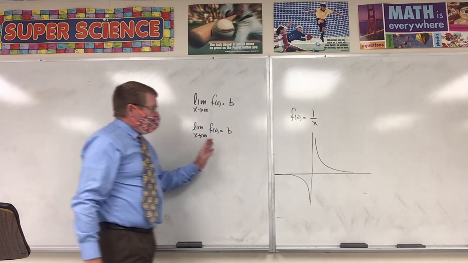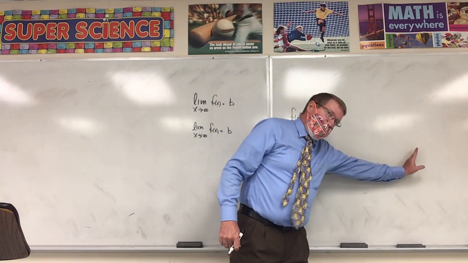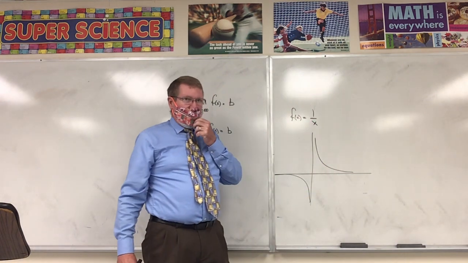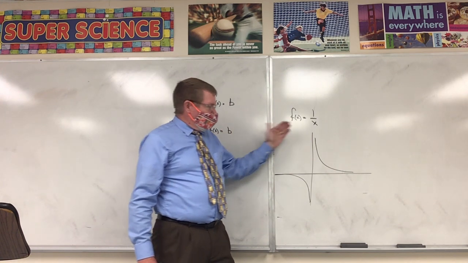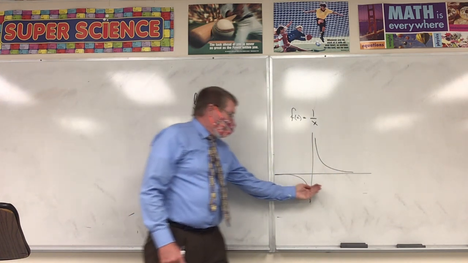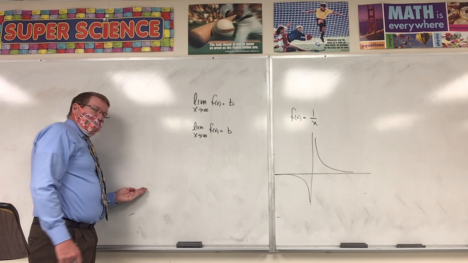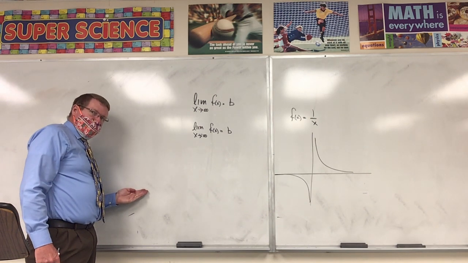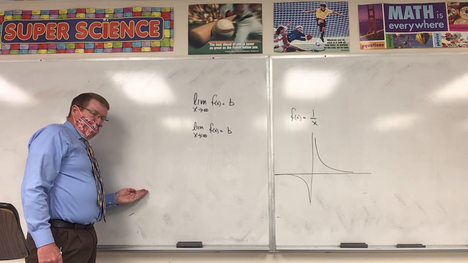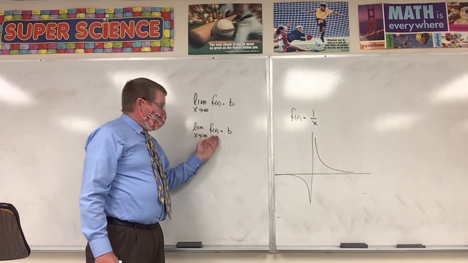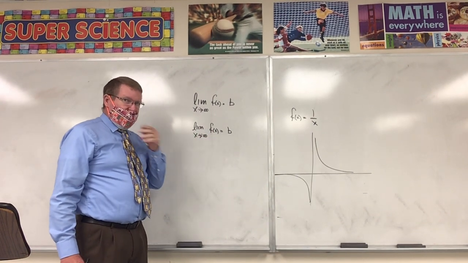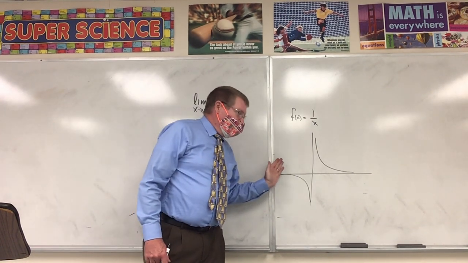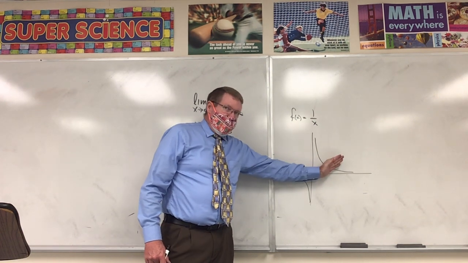If I go toward infinity, my graph is getting closer and closer to 0. And as I go toward negative infinity, my graph is getting closer and closer to 0. So my horizontal asymptotes come when my limits as I approach infinity are the same.